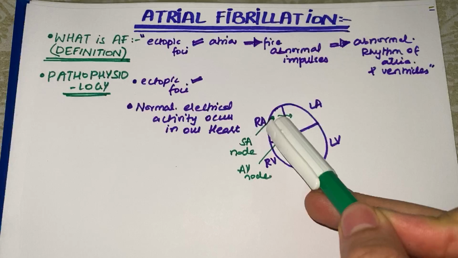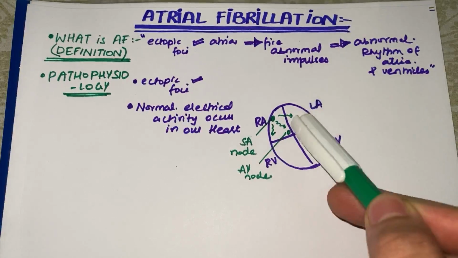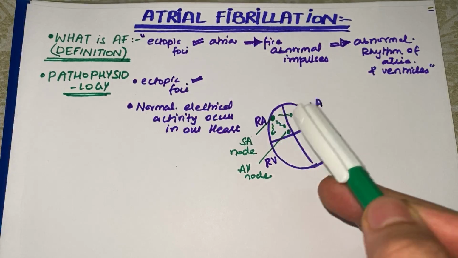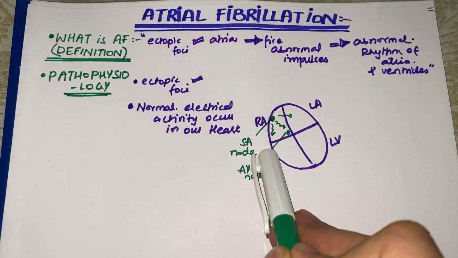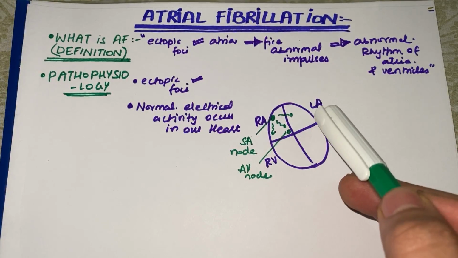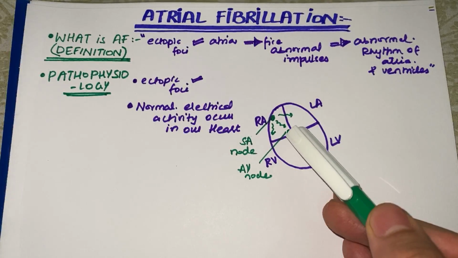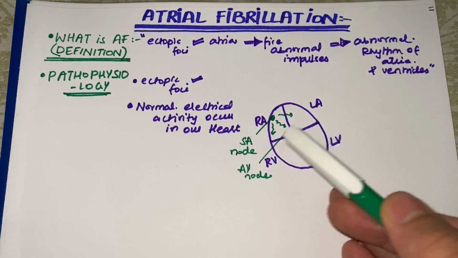So basically the whole atrial tissue is depolarized only by the impulses coming from the SA node.